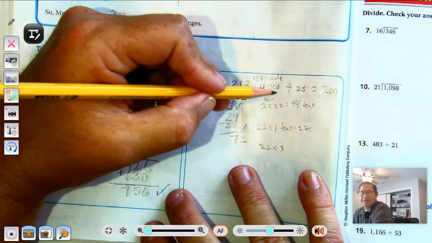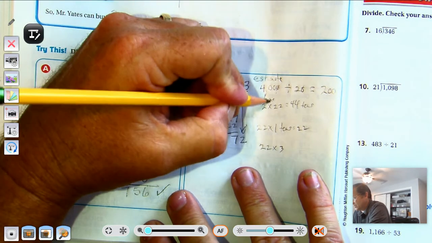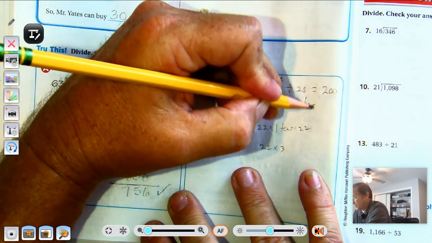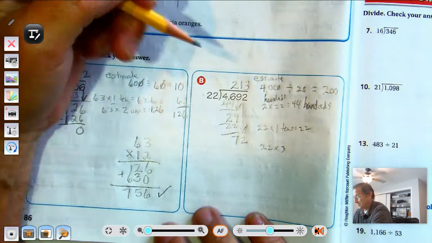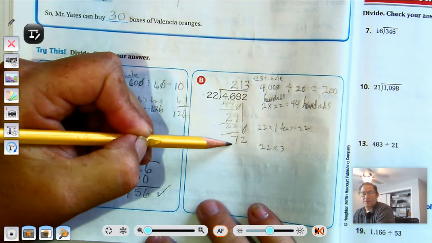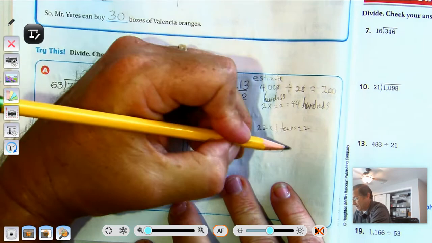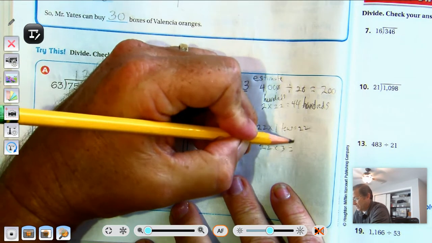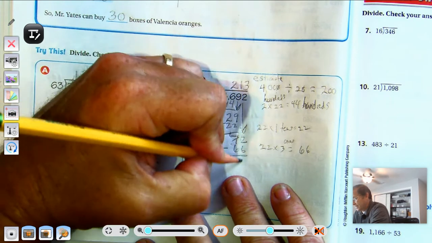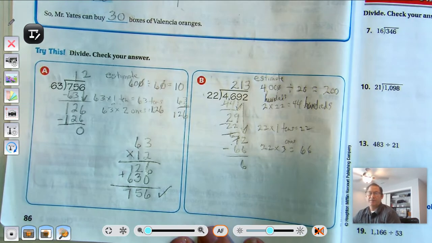When I said 2 tens times 22, I meant to say 2 hundreds times 22, which would give me 44 hundreds. Okay. All right, so now we're left with 72 ones. And we're saying 22 times 3 ones, which would be 66 ones. If we subtract, we're left with 6 left over.